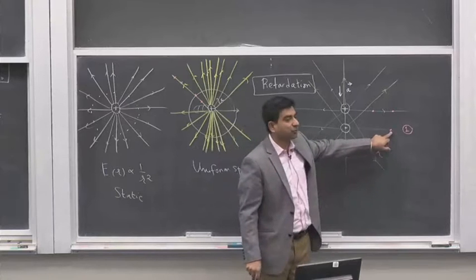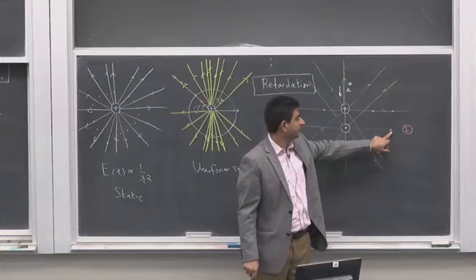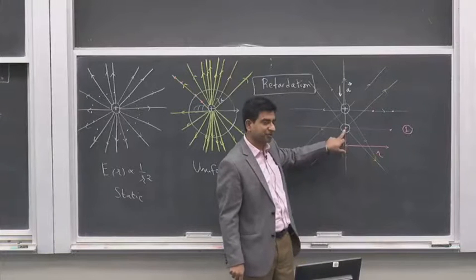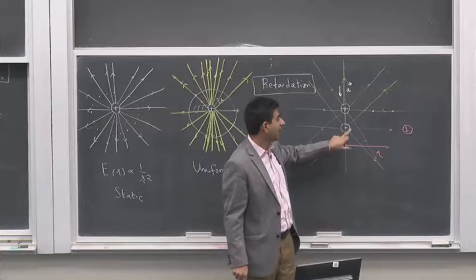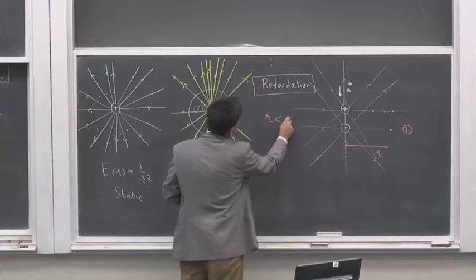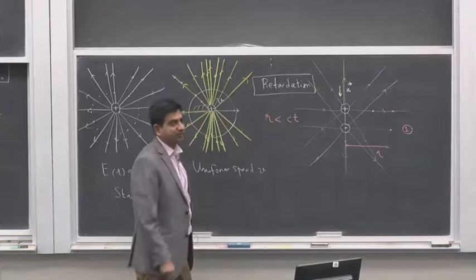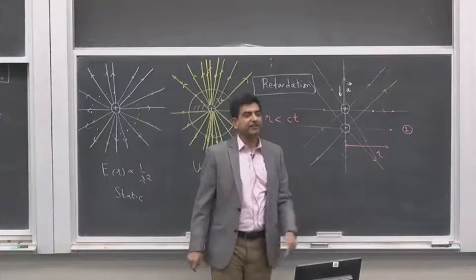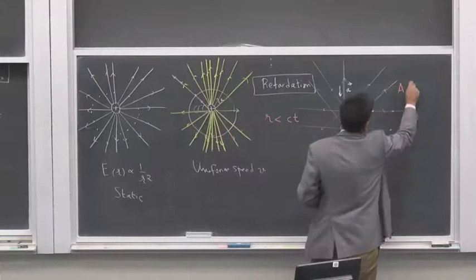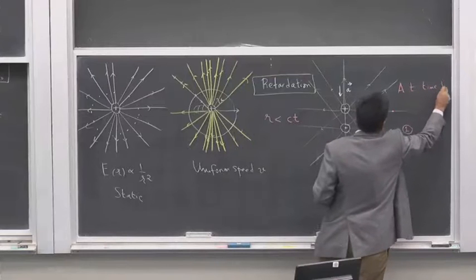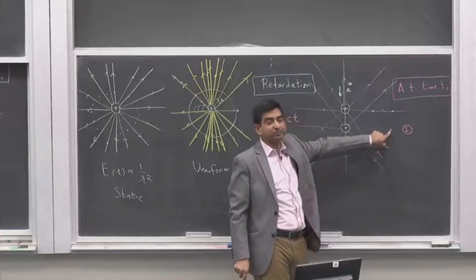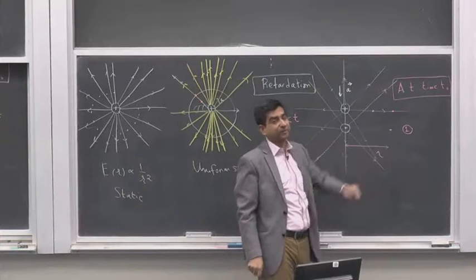Suppose observer 1 is at a distance r from this charge, and this r is smaller than the speed of light times the time at which I'm making an observation. So this charge has been kicked in the downward direction. Now I take a snapshot of the electric fields at time t, or let's say time t naught. I would like to find the electric field at point 1, where there's an observer.